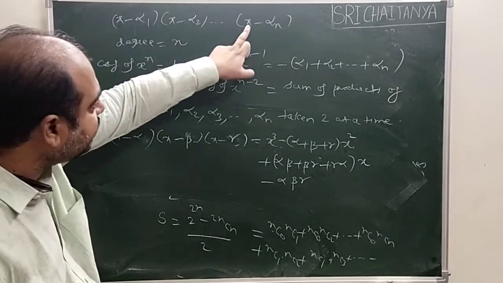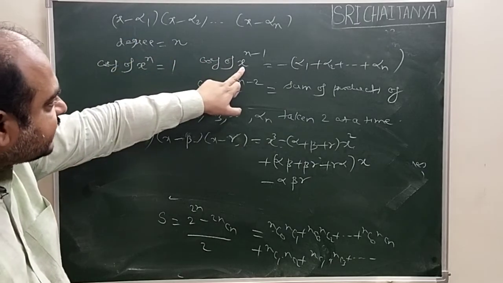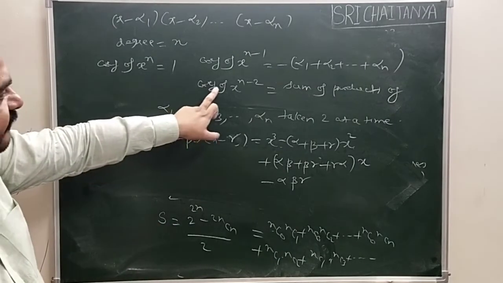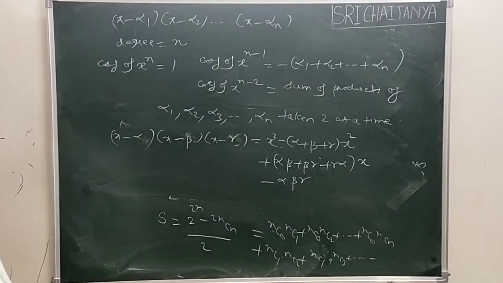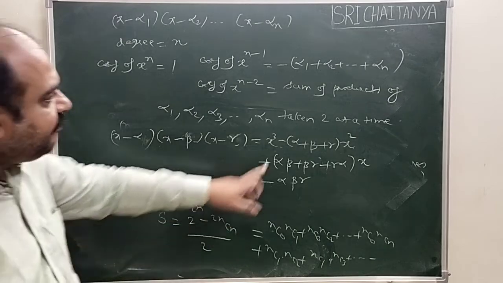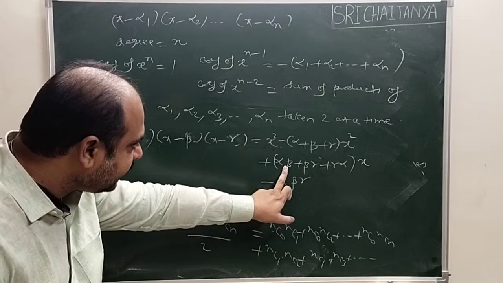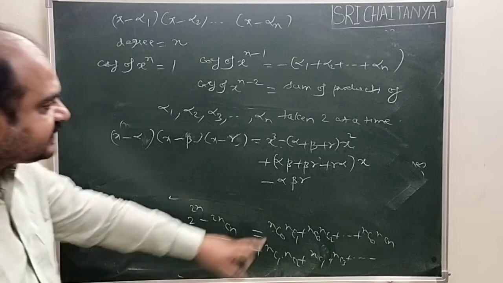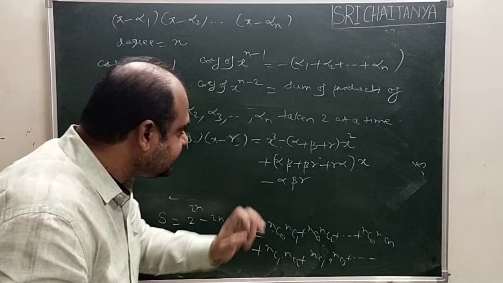Like that, if a polynomial is given, the highest degree coefficient is 1, the coefficient of the second highest degree is minus of the sum of the roots, and the coefficient of the next highest degree is the sum of products of these roots taken two at a time, like alpha beta plus beta gamma plus gamma alpha. He will ask the second highest degree coefficient and the third highest degree coefficient.